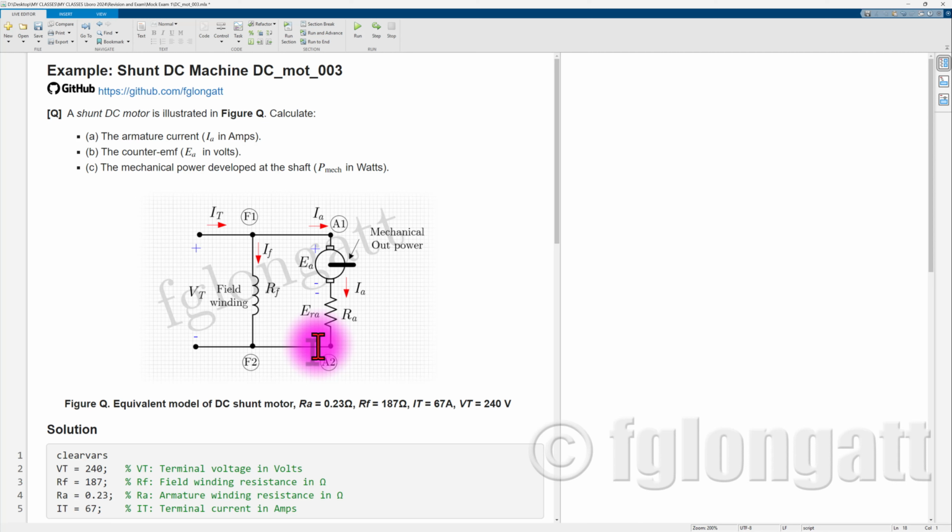In this particular example, we use a DC shunt motor where the field winding is connected in parallel to the armature. When you create the circuit model, it's extremely simple because all my amazing students have very good skills in circuit analysis, and from there it's just applying circuit analysis to obtain the parameters and the variables.